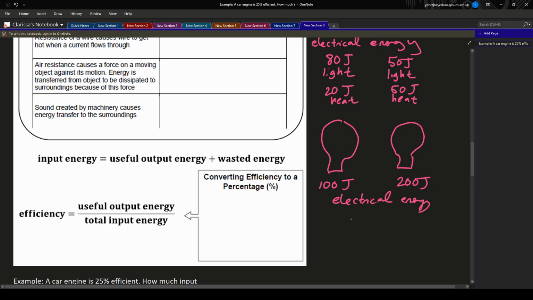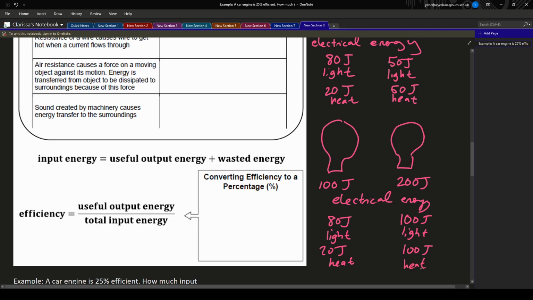Electrical energy. Same thing: 80 joules as light, 20 joules as heat; 100 joules as light, 100 joules as heat.